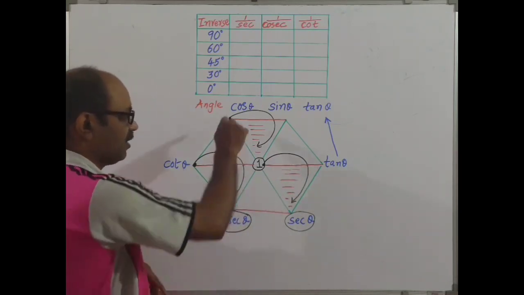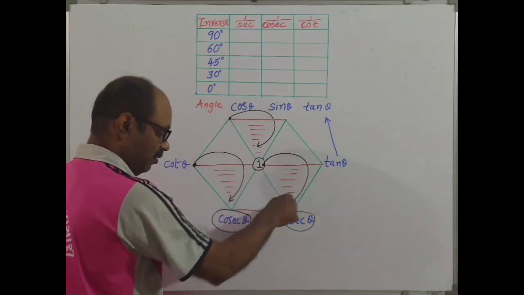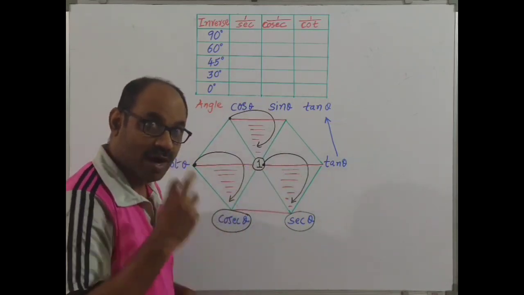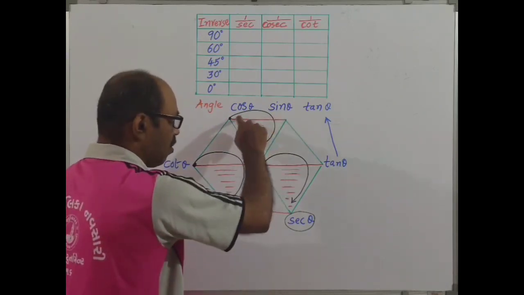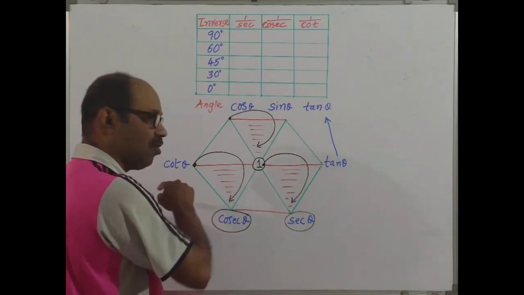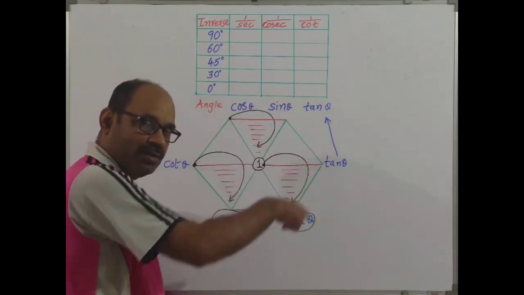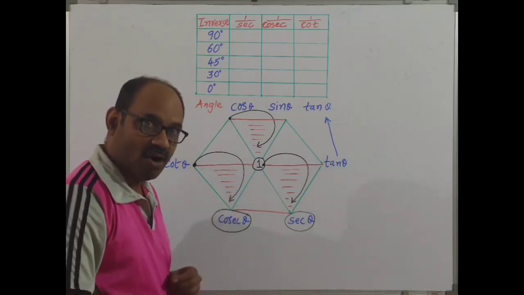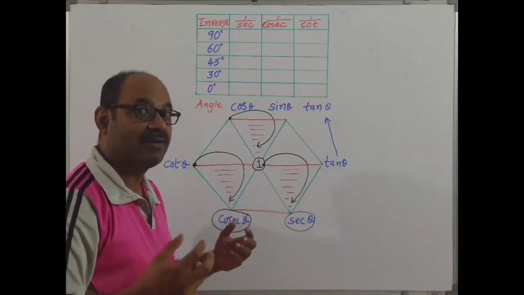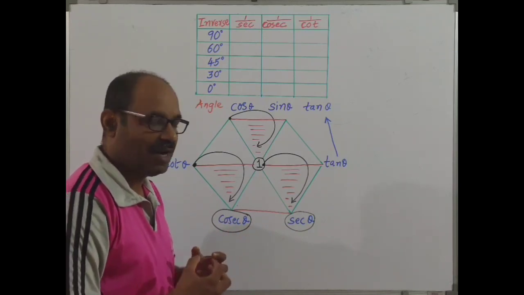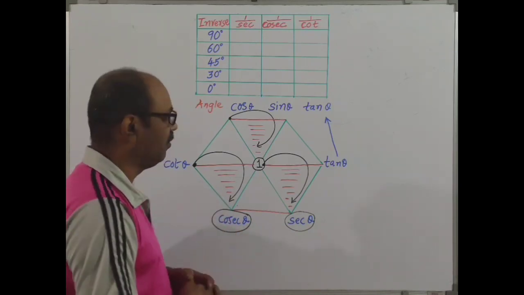Now, going clockwise, the three triangles give you identities. The cos, sec, tan, sin, cosec and cot surrounding the hexagon at its 6 corners will give you trigonometric interrelationships. All interrelationships they will give.